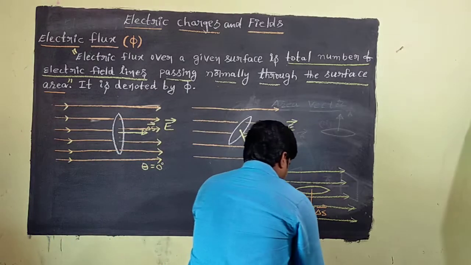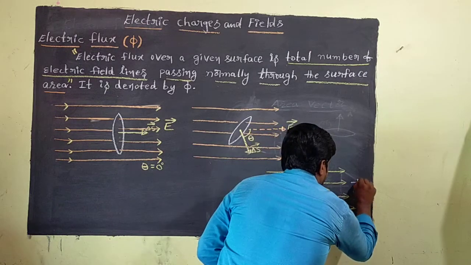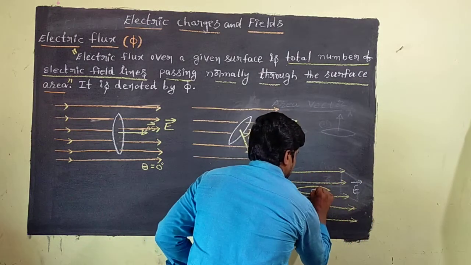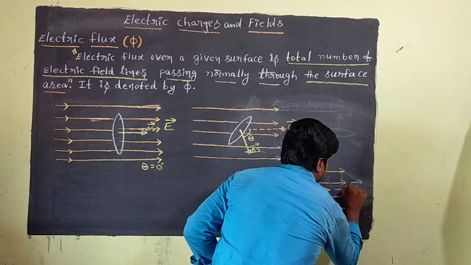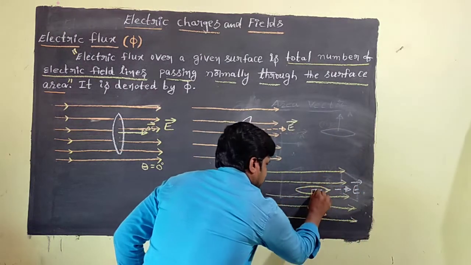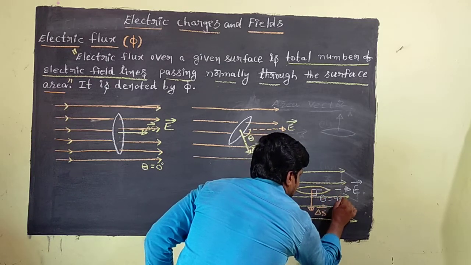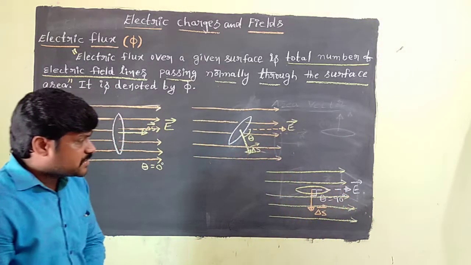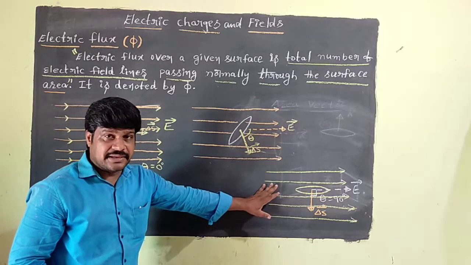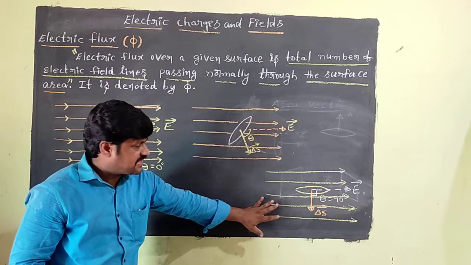In this case, this one is E bar, the direction of electric field. The angle between these two is 90 degrees. That means the electric flux is 0. Why?